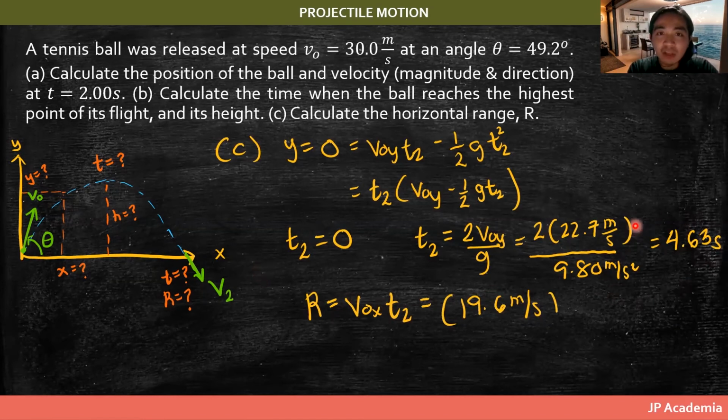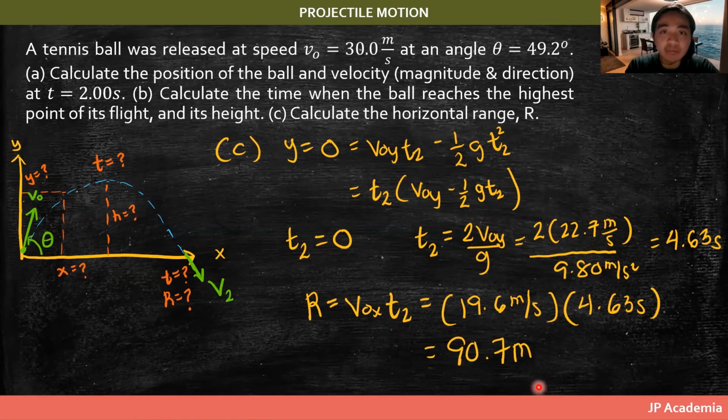Ngayon, dahil alam na natin yung time para ma-reach nga yung buong range r na yun, what we can do is to use this expression. So multiply mo lang si x component ng velocity mo times mo yung time na nakuha natin, which is 4.63, and therefore we will have this range, which is 90.7 meters. Okay, so that's it for this projectile problem.